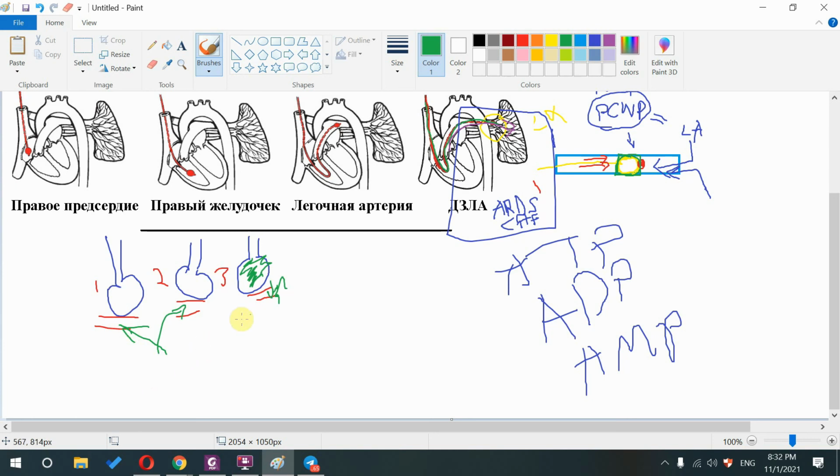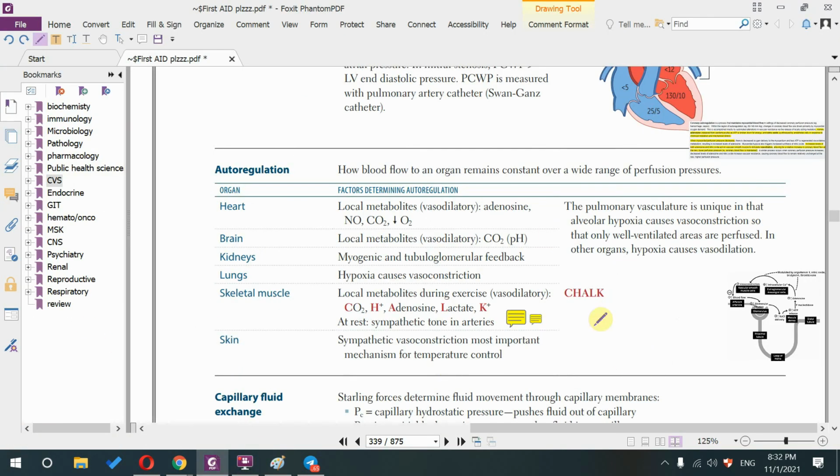Since it's functionless, no need to waste the blood on it. Exactly. So you will send it to alveole 1 and 2 instead. So we go back here and they write, the pulmonary vasculature is unique in that alveolar hypoxia causes vasoconstriction so that only well-ventilated areas are perfused. In other organs, hypoxia causes vasodilatation. So we just explained that.